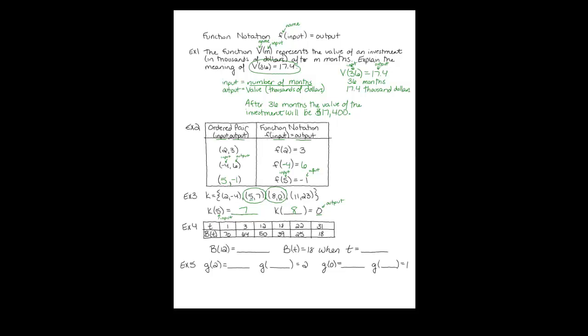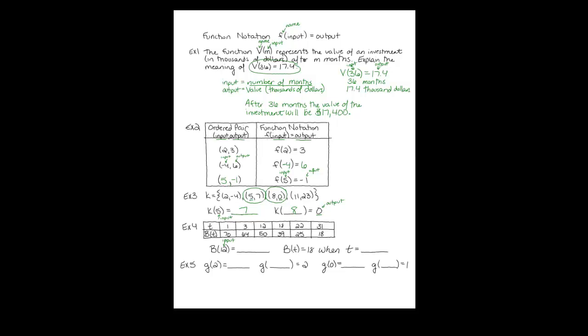In example 4, we have a table of values, and the same types of questions as in example 3. Here we have b of 12. Here 12 is inside parentheses, so we know it is an input value. So in the table, we want to look for an input of 12.